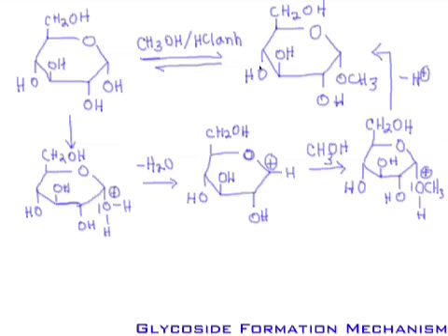Now note, compare this molecule to our original alpha D-Glucopyranose. Alpha D-Glucopyranose was a hemiacetal. Why?